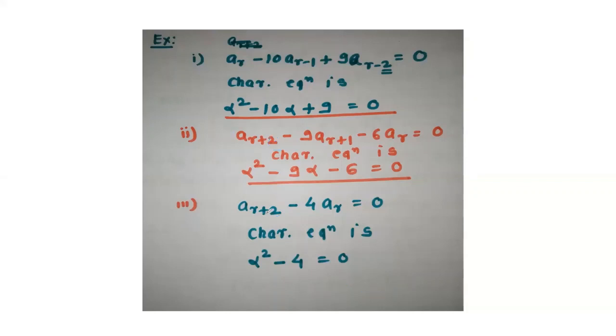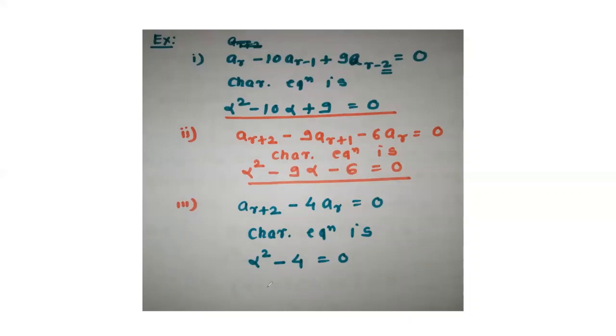So alpha square with constant coefficient 1, minus, whether r plus 1 is present? No, directly r, so minus 4, that is 2 minus 2. So alpha square minus 4 is equal to 0, because there is no r plus 1.